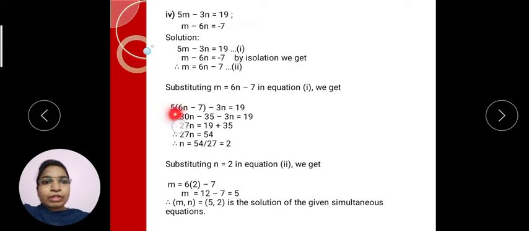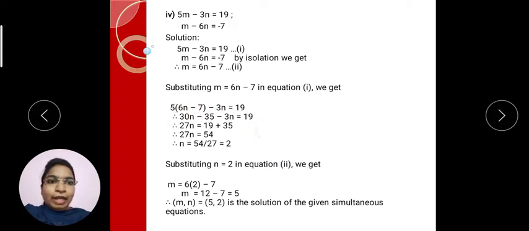Now see, after substituting, what is the first equation? 5m minus 3n is equal to 19. So in the bracket, what do you have to write? Instead of m, you have to write 6n minus 7. So 5 times (6n minus 7) minus 3n is equal to 19. Now 5 sixes are 30n, 30n minus 5 sevens are 35, minus 3n is equal to 19. Just solve the bracket.